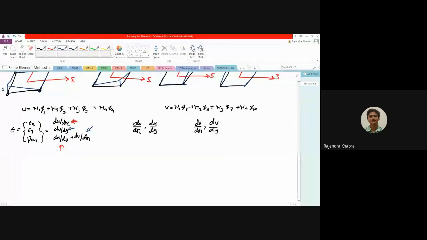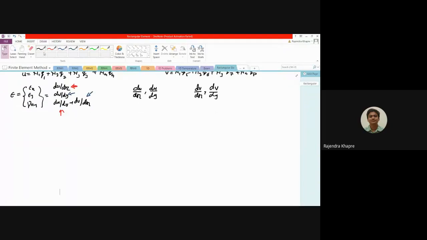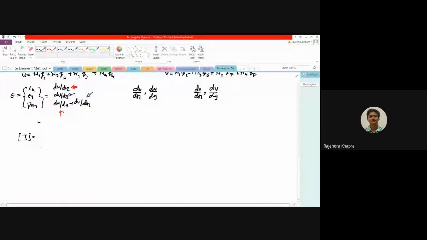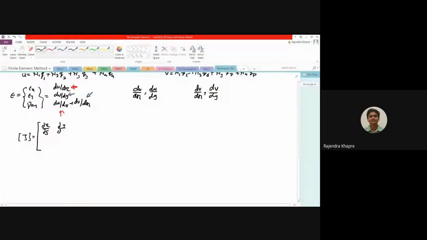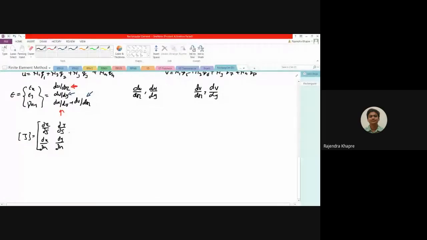Okay, so basically we are interested in the Jacobian matrix, and if you remember in the previous class, we have written a Jacobian matrix. So a similar Jacobian matrix will come into picture over here. So here the Jacobian matrix is something like this. Okay, so this will be del x by del xi, this will be del y by del xi, and here this will be del x by del eta, and this will be del y by del eta.